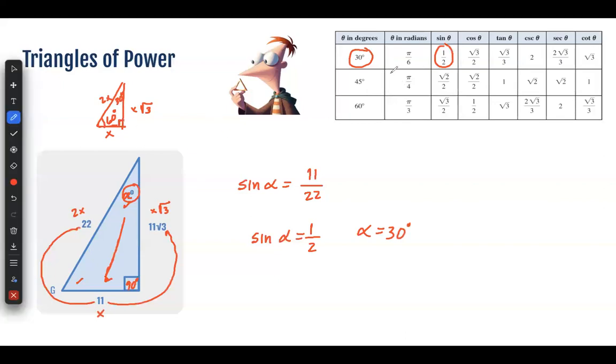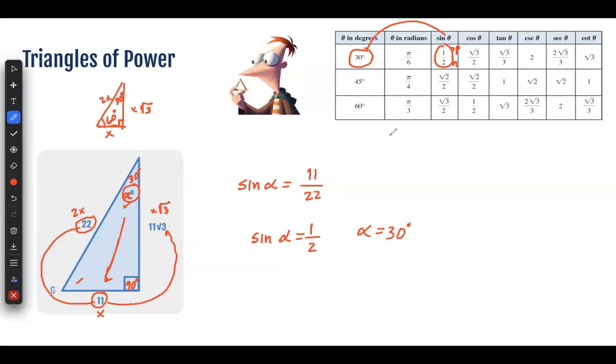So the only meaning of this is that whenever the ratio between the opposite and the hypotenuse is 1 unit to 2 units, for every unit I have here, I have twice as many units here. It means that we came from a triangle that has a 30-degree angle here.